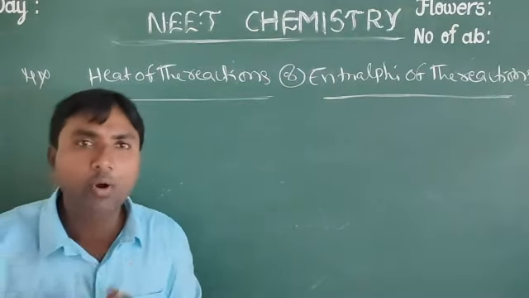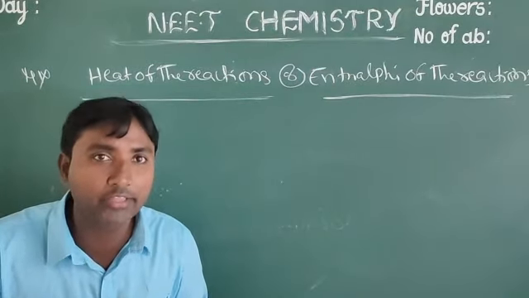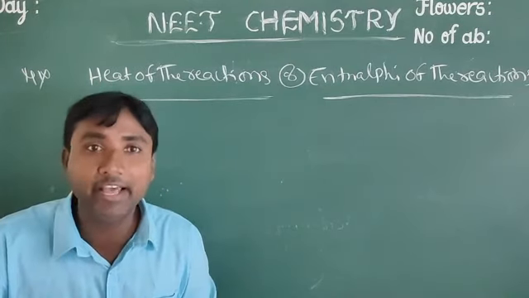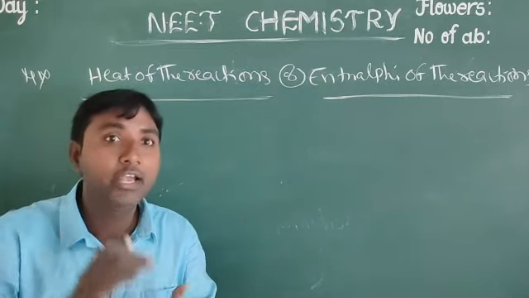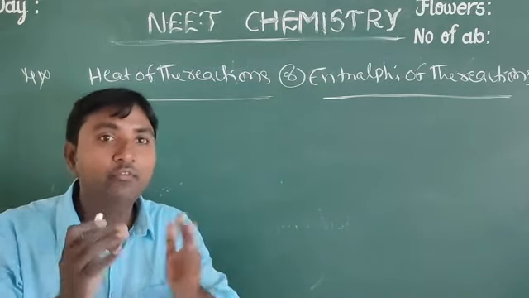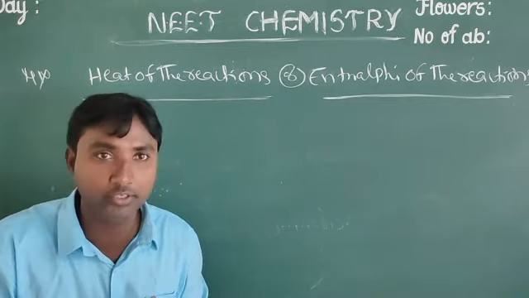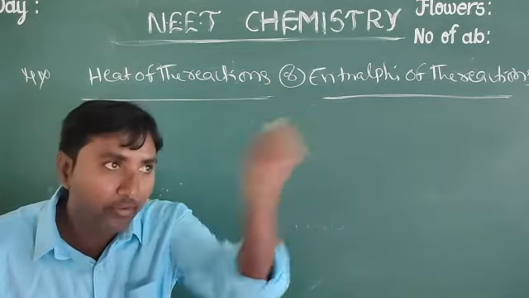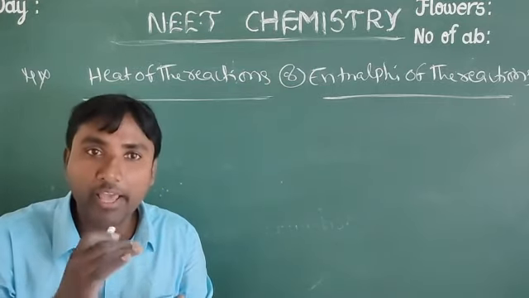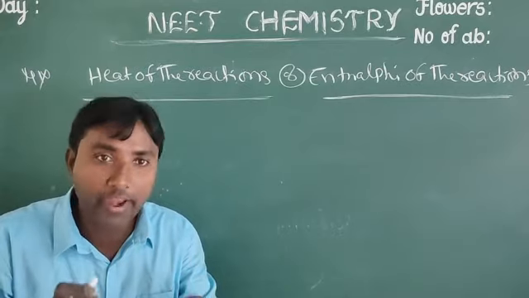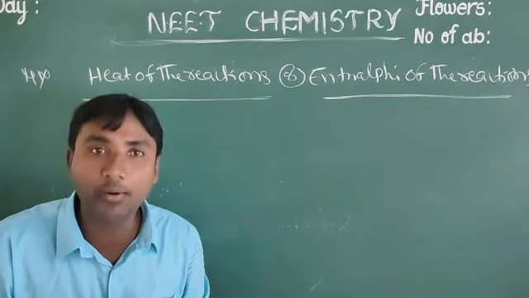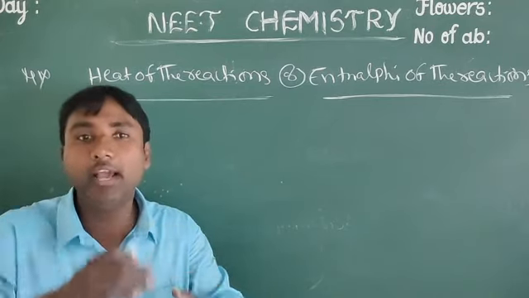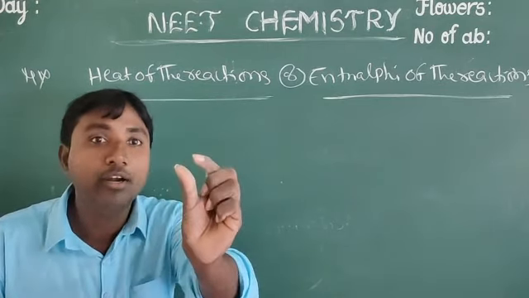Okay. What do heat of the reaction or enthalpy of the reaction mean? The amount of heat evolved. Evolved means released. The amount of heat evolved or absorbed when 1 mole of the reactant completely undergoes reaction.